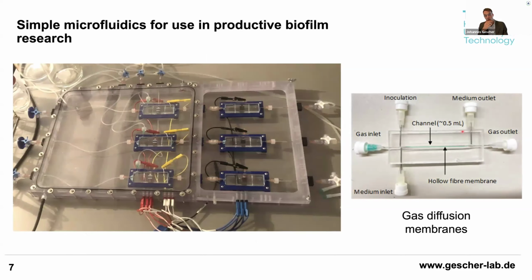You will see in this lecture a lot of optical coherence tomography data. Optical coherence tomography is our workhorse with regards to analysis of biofilm structures. And it's very important to be able to steer the architecture of the biofilms.